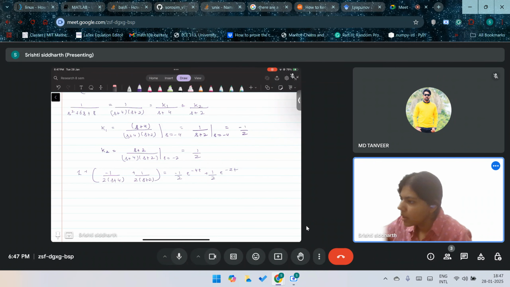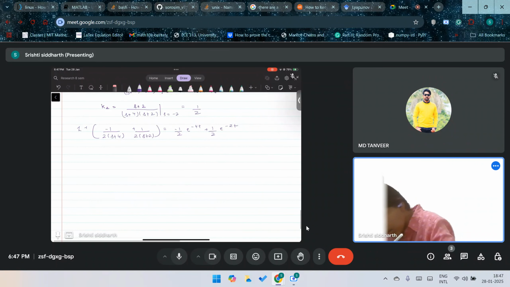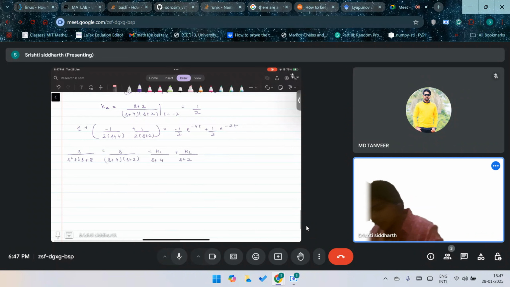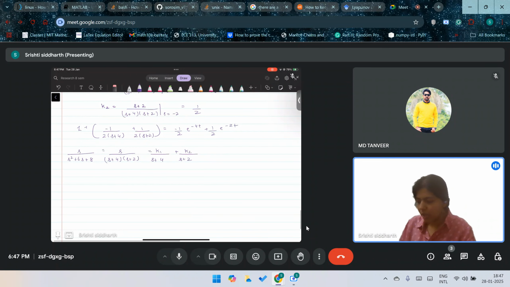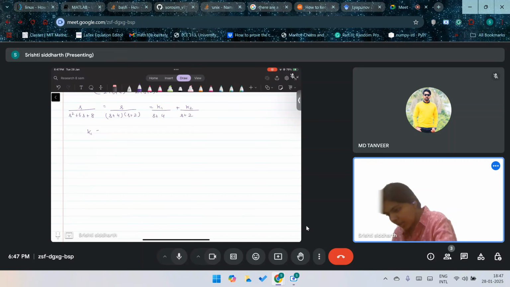Okay. And similarly, we have another expression which has s in the numerator. So we have s over s squared plus 6s plus 8, so this is (s plus 4)(s plus 2). We can do this because the degree of the numerator is less than that of the denominator. So K1 is simply s over (s plus 4)(s plus 2) times s plus 4, evaluated at s equals minus 4.